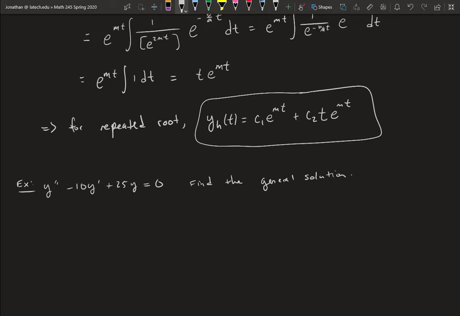The way we're going to do that is to go straight to the characteristic equation: m squared minus 10m plus 25 equals 0.